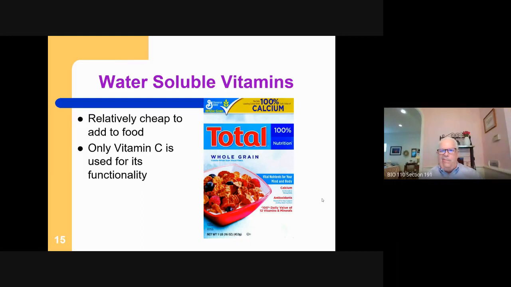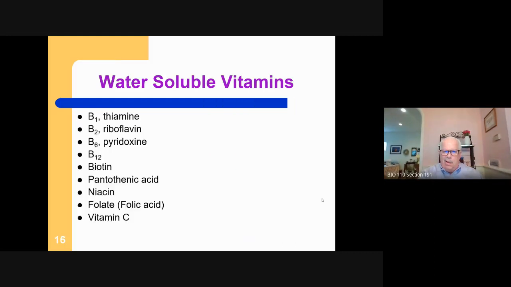It's added to every cereal you pick up. It is cheap and is added to everything, okay? The other water-soluble vitamins are the B vitamins. So here you have a list: B1, B2, B6, B12, biotin, pantothenic acid, niacin, folate, and vitamin C.